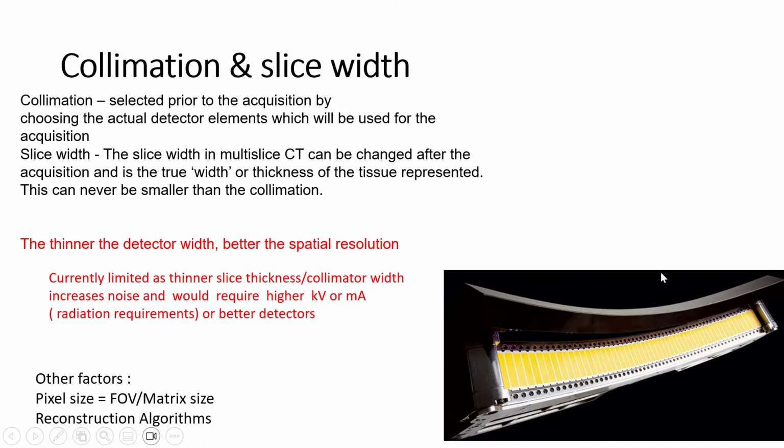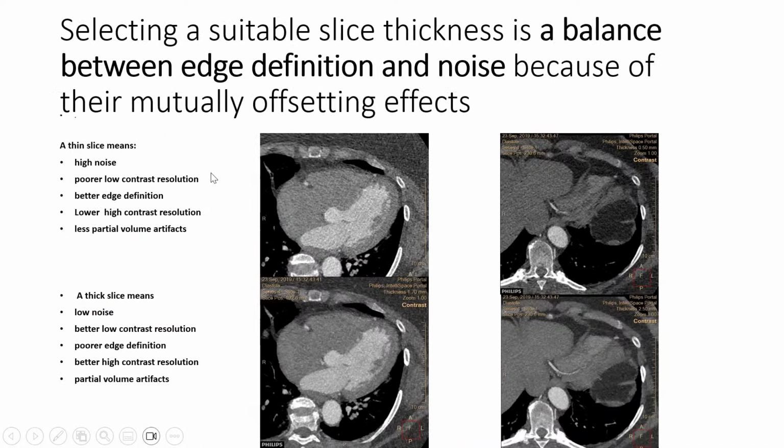The spatial resolution of most scanners is determined by how thin the collimation is, how thin the slice. As you can see, there's a manufacturer limit to how thin the detector can be.